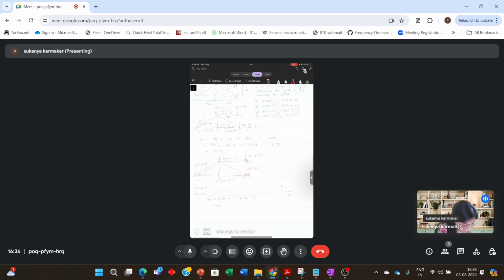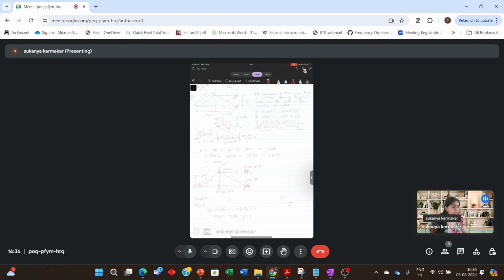Here F_AB will come out to be 96 Newton positive, that is in tension. So in this way, if you go on proceeding, you will get the answer. I think this question is straightforward. I'll directly give you the answer. Here, calculating the load was a little tricky, so that is why I explained it. Okay, and let's try doing a different question now.